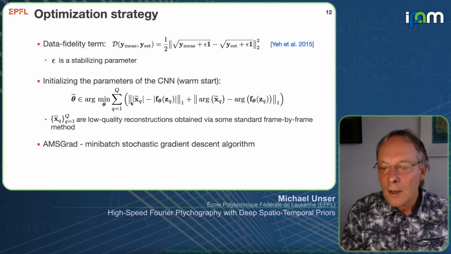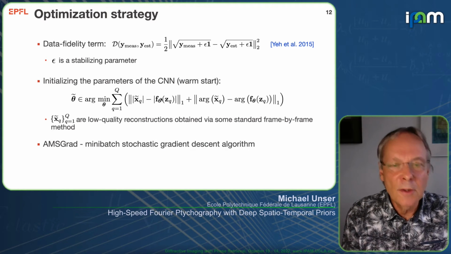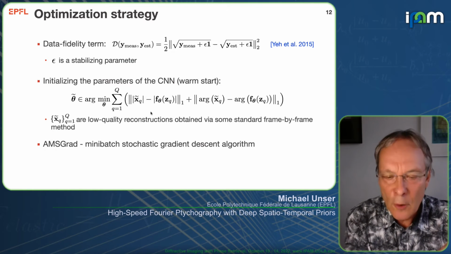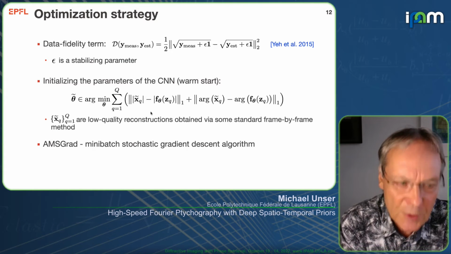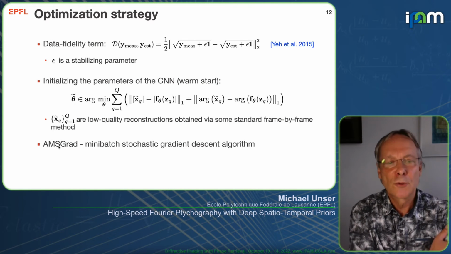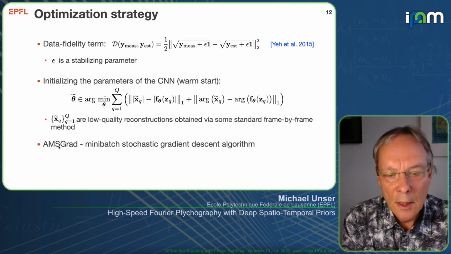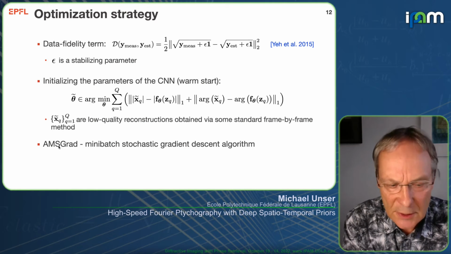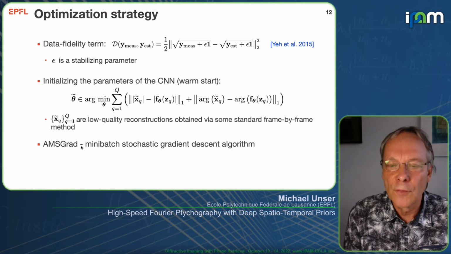This is an initialization optimization. And then we go on with the global optimization of the scheme using an Adam-based mini-batch stochastic gradient algorithm, which is also a relatively standard technique used for neural networks.